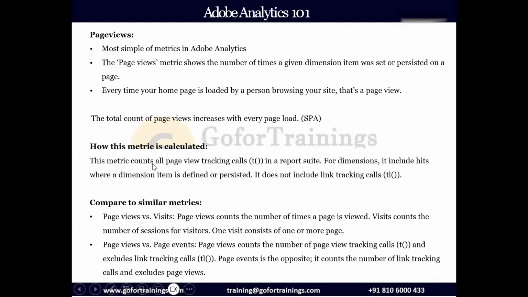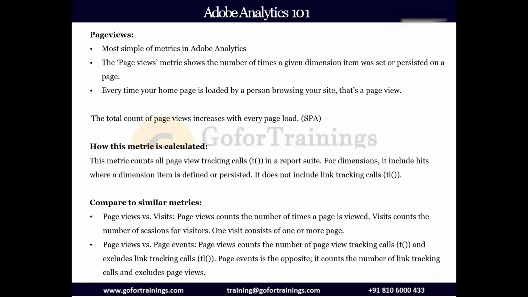Now there are two things in implementation. In Launch, there are two kinds of functions that we create, called s.t and s.tl. Anything with an s.t call is a page view, s.tl is link tracking. Don't get confused, it's very detailed. Currently, we are just learning about the metrics.